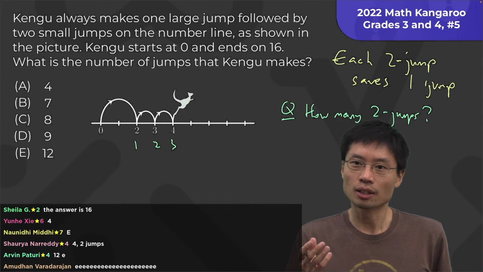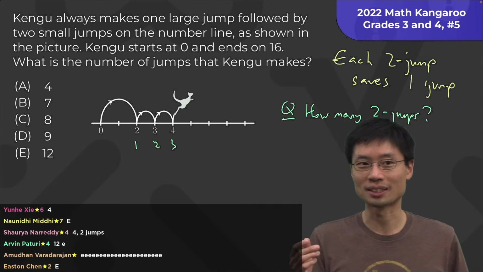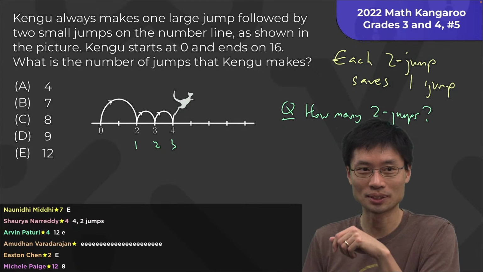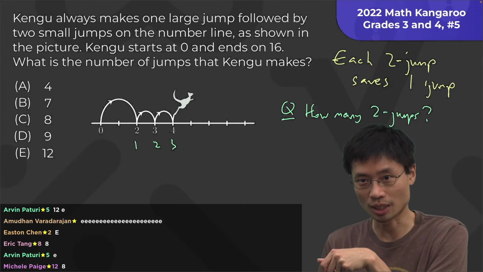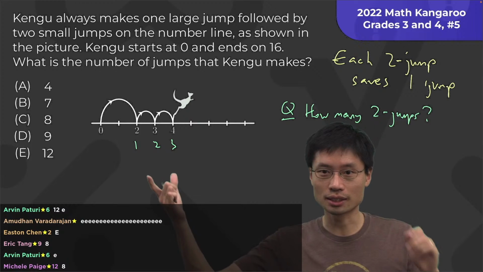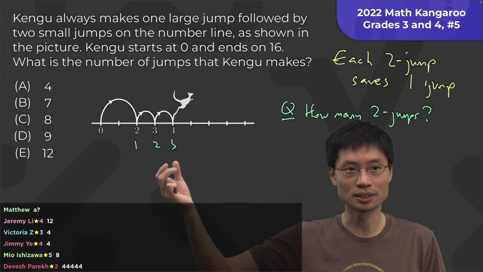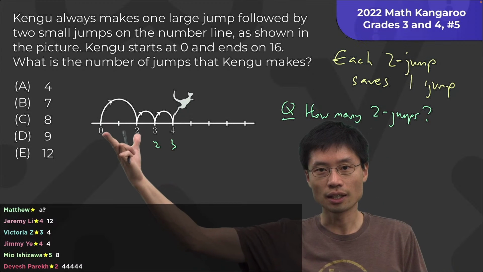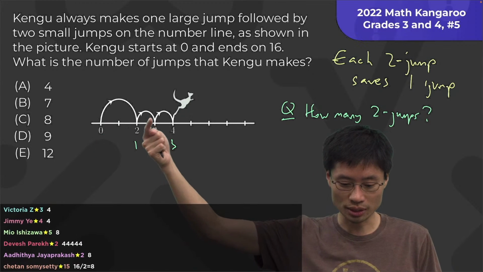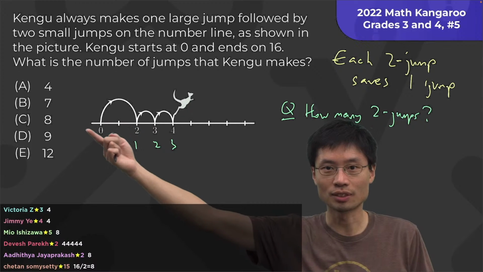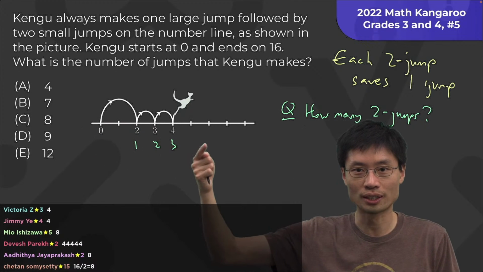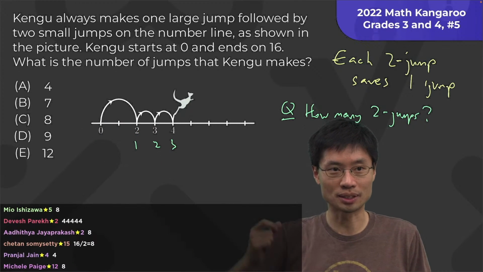I want to say, whenever we teach, we actually always want to ask for reasons, not just numbers. So how would you know how many 2 jumps you take? Well, I guess I could see that we're always going to take 1 big jump and 2 small ones. So every time I move a total distance of 4, I get 1 of these big jumps.